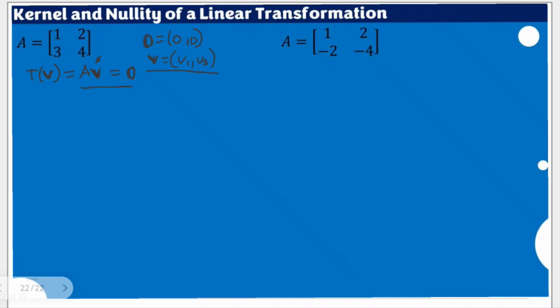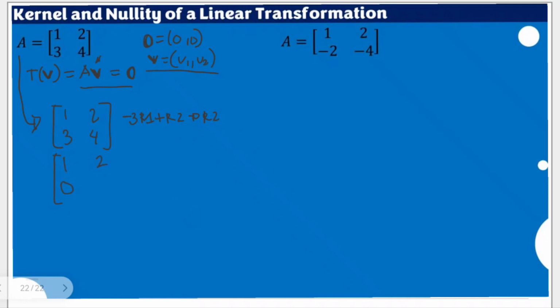So let's start. Of course, you could multiply your matrix A with your vector v, but the suggestion here is from this matrix, let's come up with its reduced row echelon form, or just even the row echelon form. So we'll have here 1, 2, 3, and 4. To make this 0, we're going to multiply -3 to R1 plus R2 for a new row 2. We have here 1, 2. This becomes 0, right?